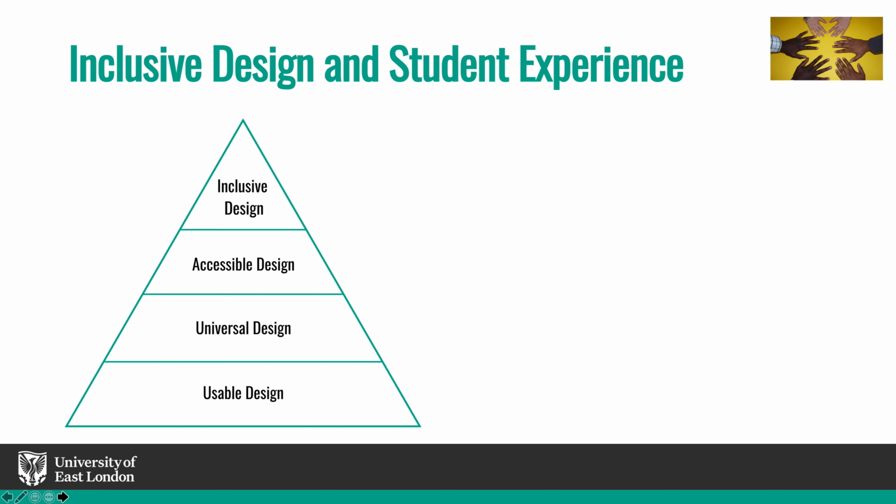And I've taken the liberty of putting these in order. So I view these terms as incrementally increasing the student experience. So usable design, very similar to the way we talk about user experience.